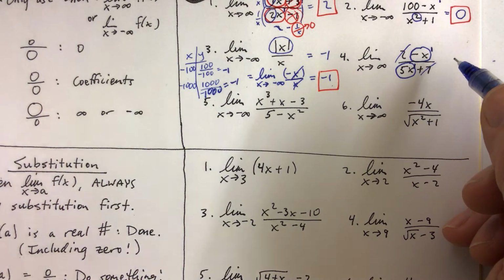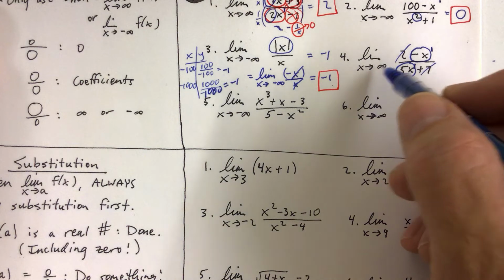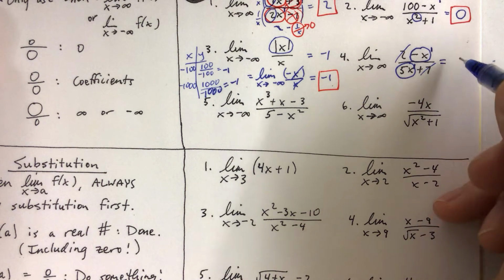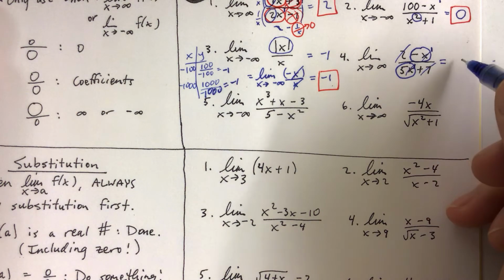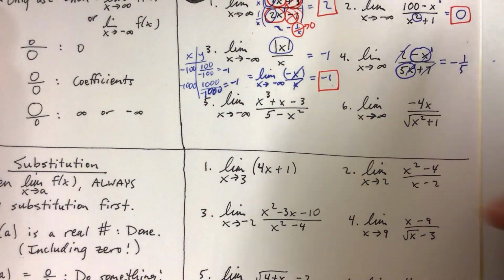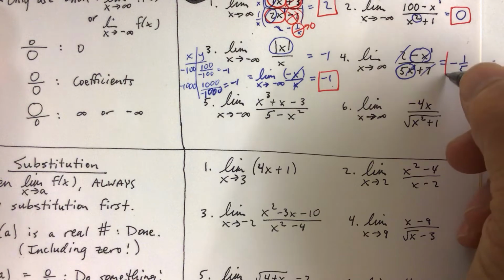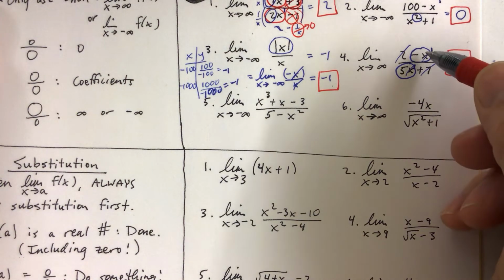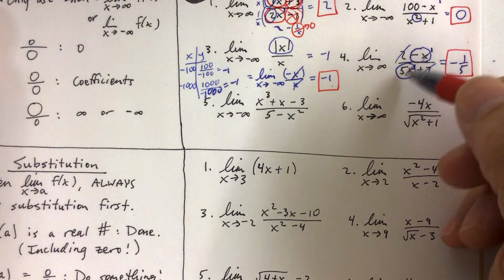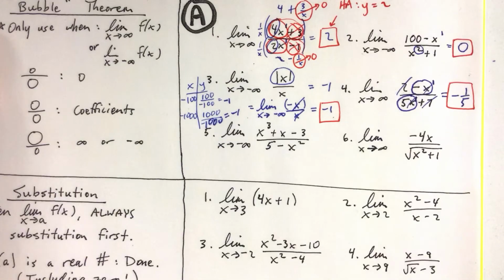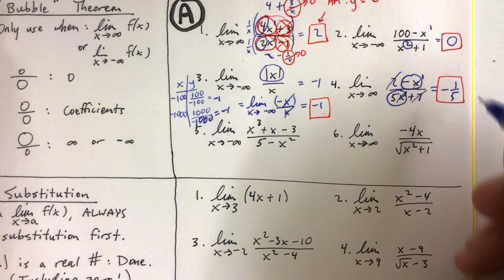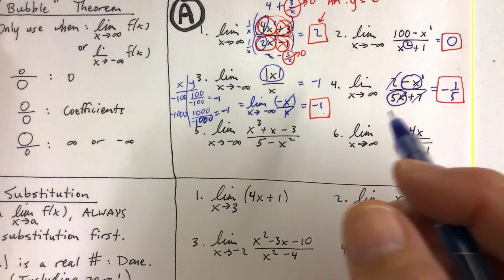Those are totally insignificant numbers as x approaches positive infinity. So we get negative x over 5x, and we could even cancel the x's, and we get negative 1 over 5. Or, again, we can think of that bubble theorem, being that we have the same size bubble up on top and bottom, so we peel off the coefficients and now we see negative 1/5, negative 1 on top and 5 on the bottom.